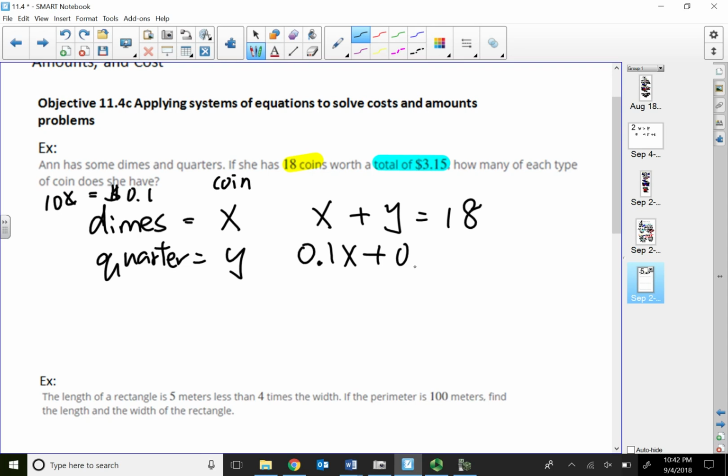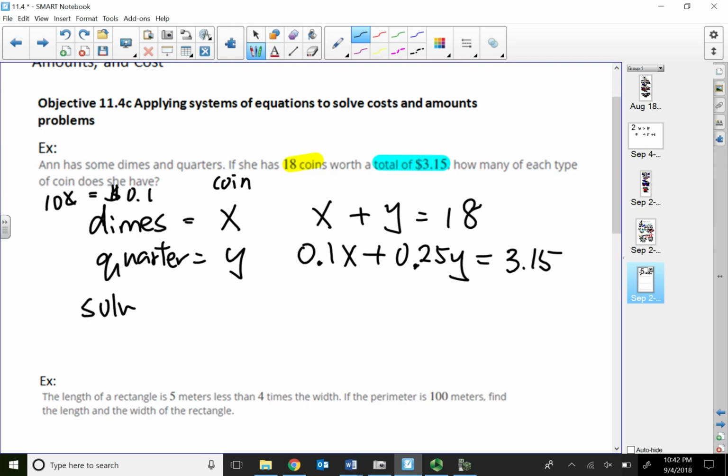A quarter is valued at $0.25, or 25 cents, times y number of quarters. So the money for the dimes plus the money for the quarters is equal to $3.15. That's how we write out the second equation.